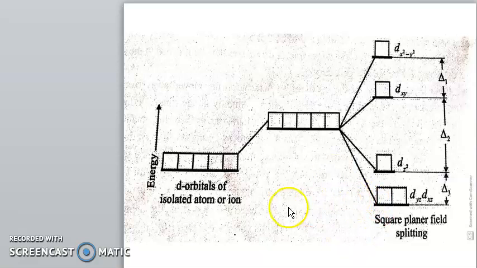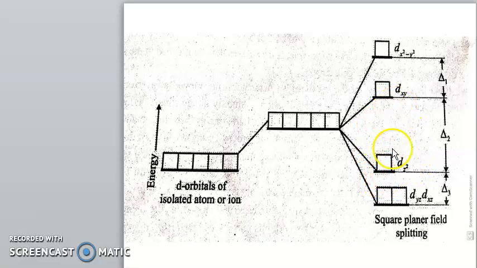Here is the splitting figure. The d orbitals of an isolated atom or ion, when given energy, split into different orbitals. So this is the splitting in the square planar field. Here is dxy; earlier it was here, but now dxy goes up due to the increase in its energy, or the decrease in the dz² energy.